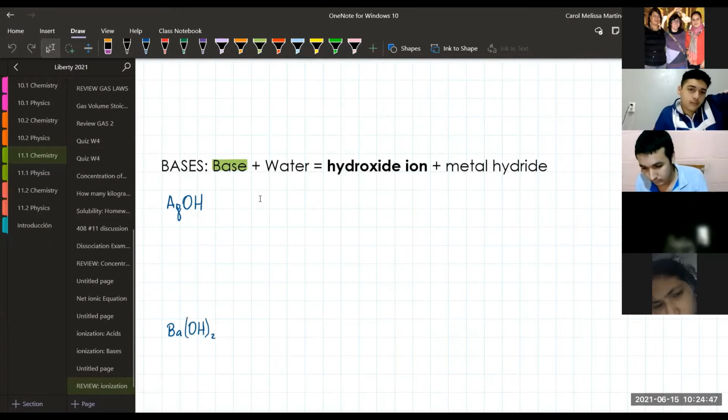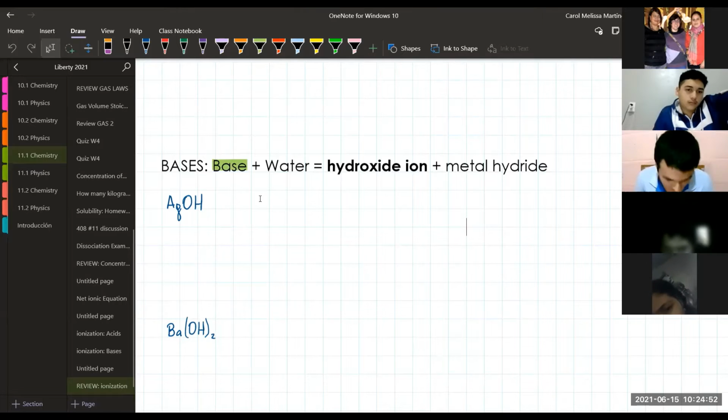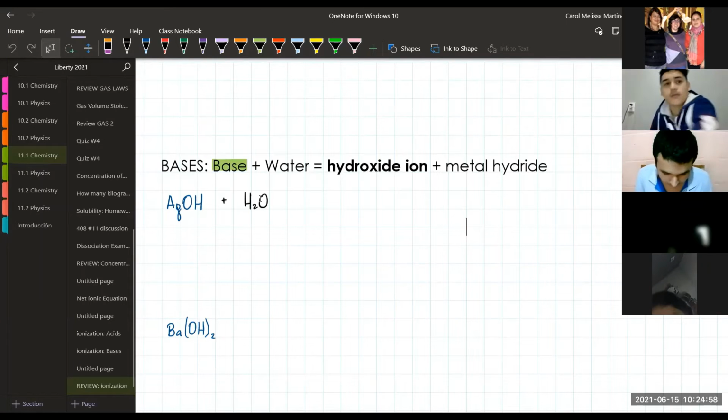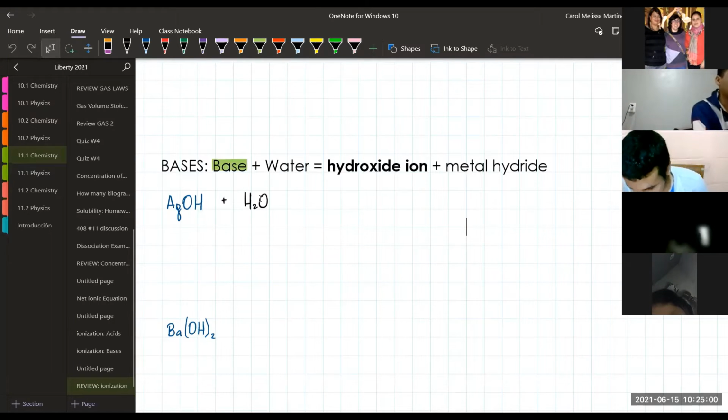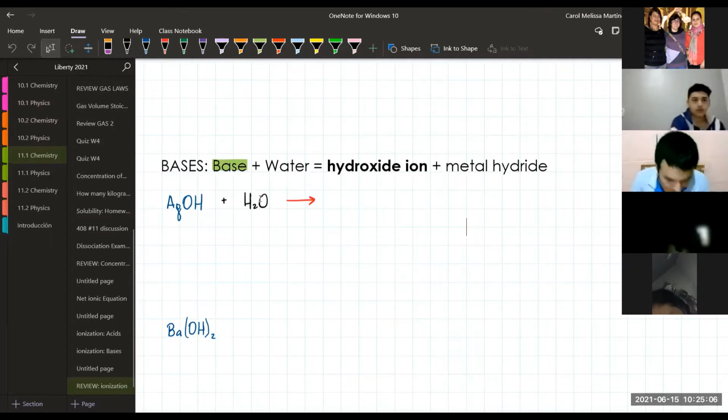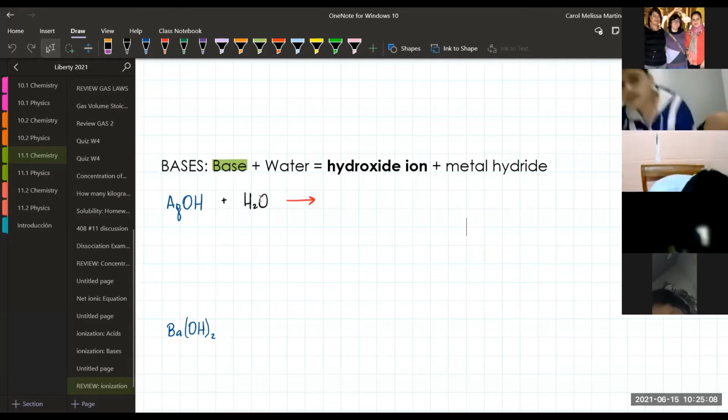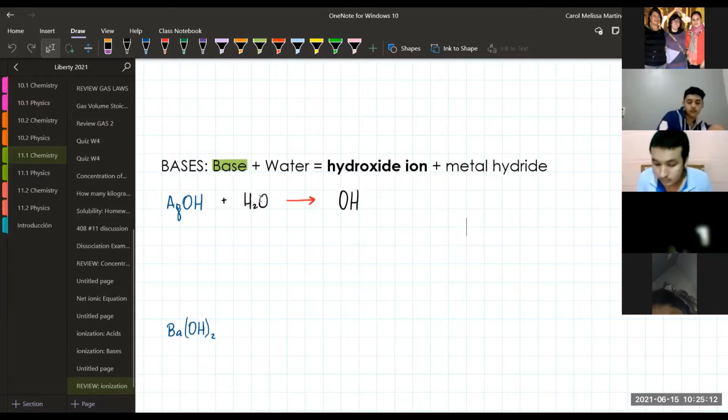So, ionization of a base is combining with water, and as a result, I will get hydroxide ion, which is mandatorily written as OH. The charge of the hydroxide ion is -1, or just the negative.